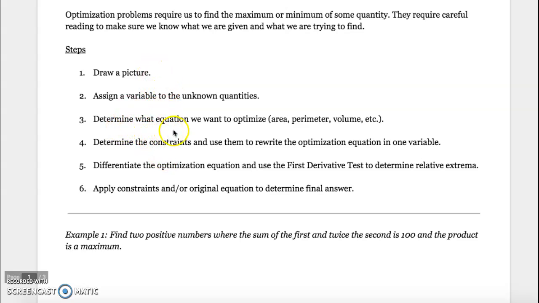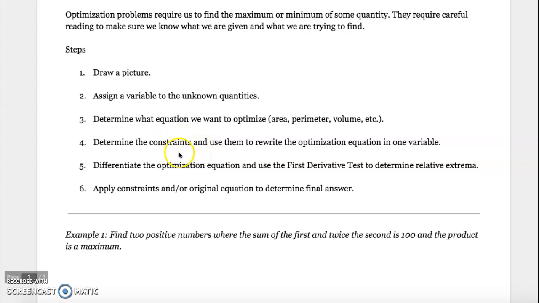Step 3 is we want to determine what equation we want to optimize. Sometimes you want to find the maximum area, the minimum volume, or the minimum cost of producing something. So there will be an equation that we write for what we want to optimize. Then we have to determine the constraints. For example, if I'm measuring the length of fencing that's going to go around a field, you can't have negative fencing.